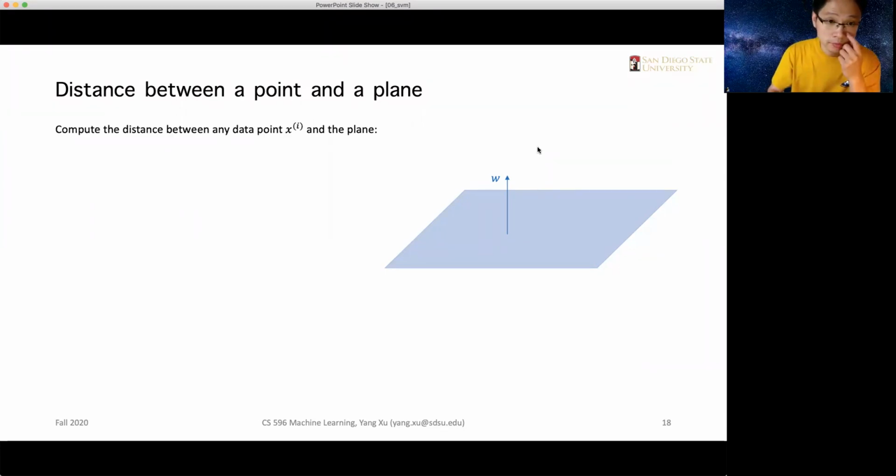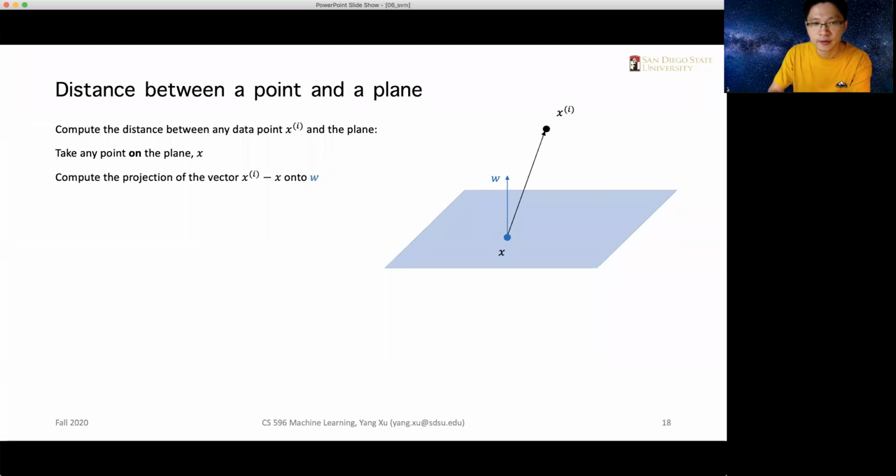Okay, so basically the distance between any data point and a plane is the length of the projection of the vector that points from x to xi, when we project that vector onto the vector w, and w is the coefficients that define the hyperplane.